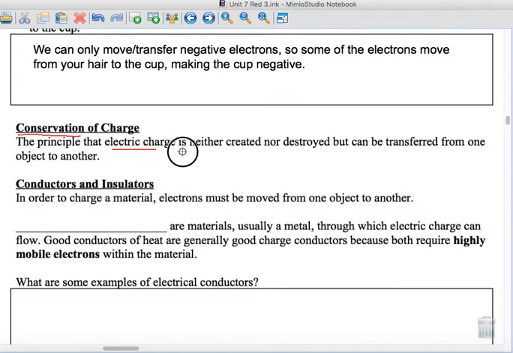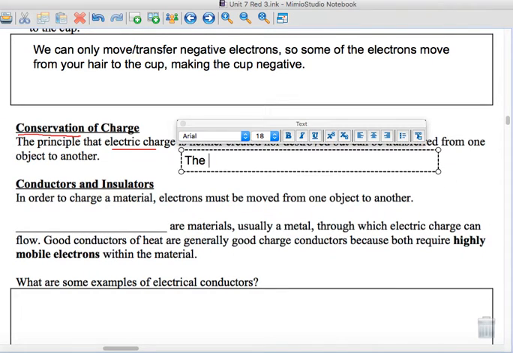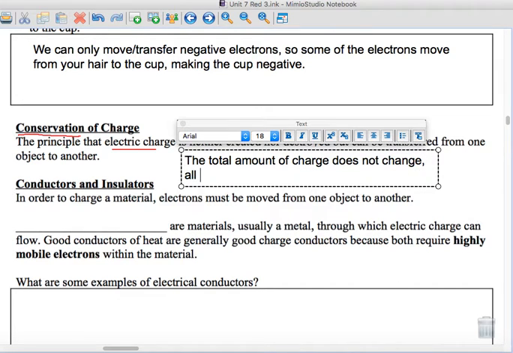In other words, the total amount of charge doesn't change. All that changes is where the charges are located.